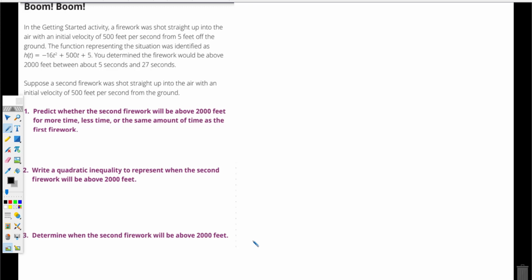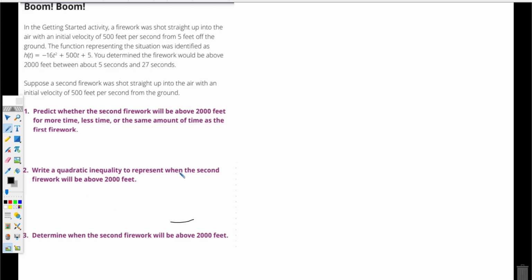So do you think it's going to have more time or less time above 2,000 feet? Predict. Well, see if your prediction is right when we actually go through and find this.